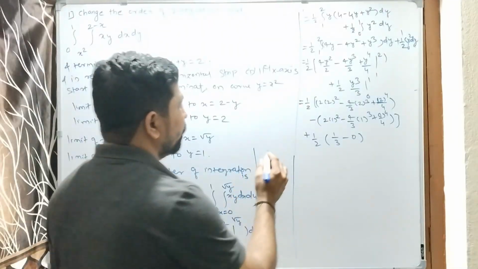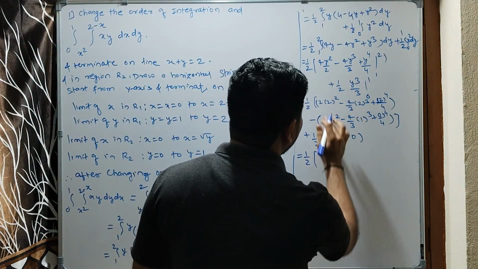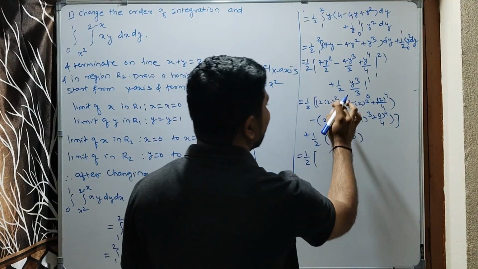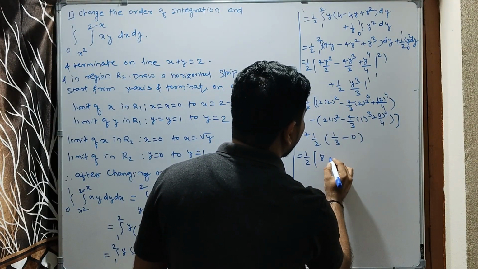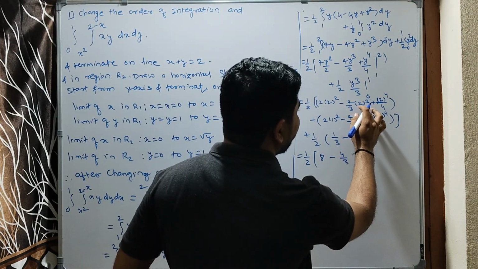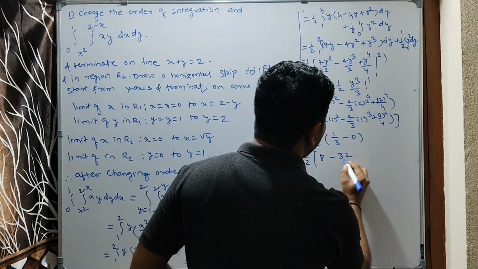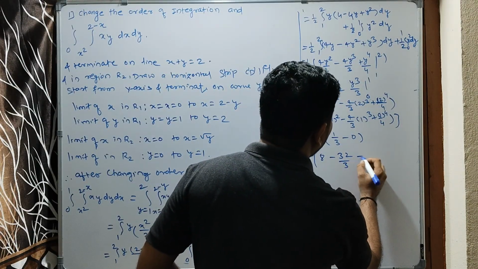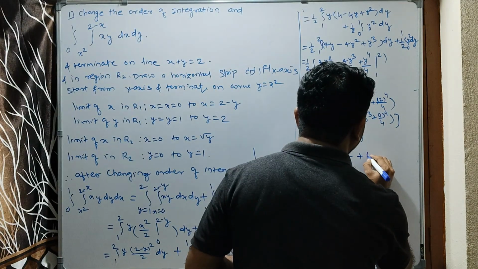Therefore, which is equal to 1 by 2 times, big bracket, 2 into 2 to the power 2, 2 square is 4, 4 into 2 is 8, minus 4 by 3 times 8, so 8 into 4, I will write directly 32 by 3, plus 2 to the power 4, 16 by 4, that is simply 4.